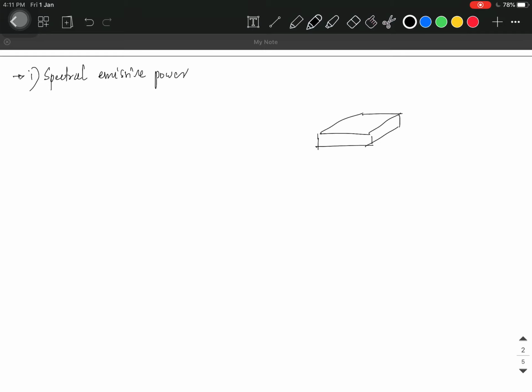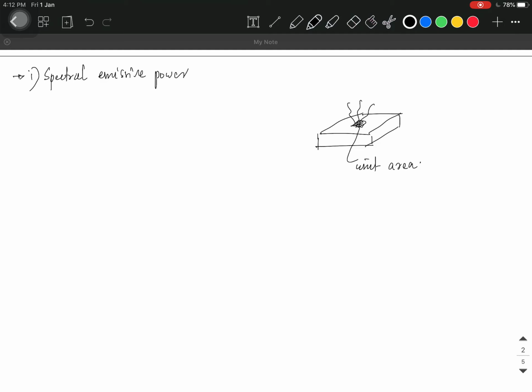So to describe that, let's consider some surface like this, and for this surface, let's consider a unit surface area. This is unit area, this is unit area.